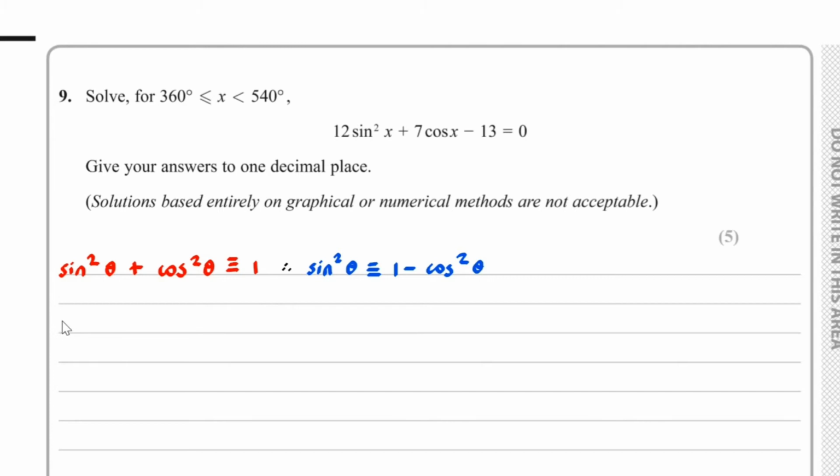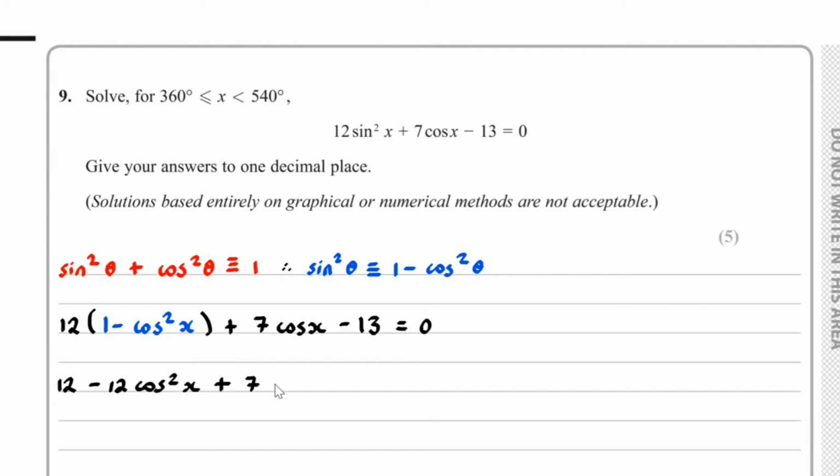And so replacing as necessary, we've got 12 sine squared. Now the sine squared is the same as 1 minus cos squared. And then we've got plus 7 cos x minus 13. This is all equal to 0. And if I expand out, we end up with 12 minus 12 cos squared x plus 7 cos x minus 13 equals 0.